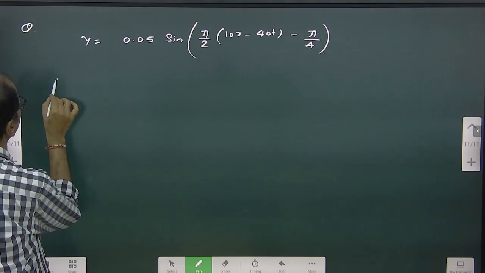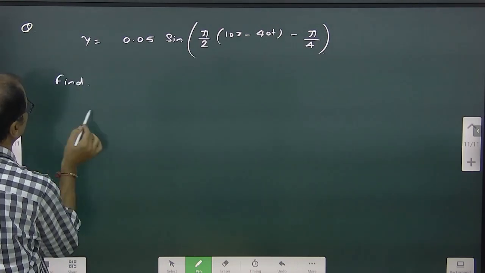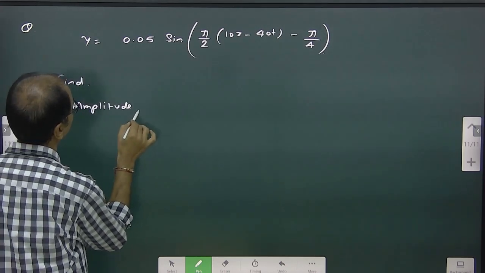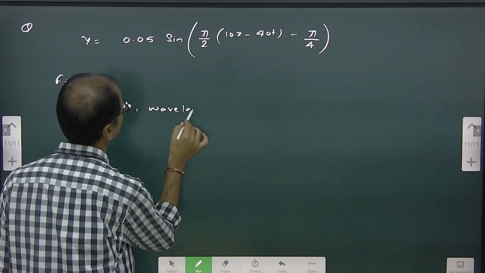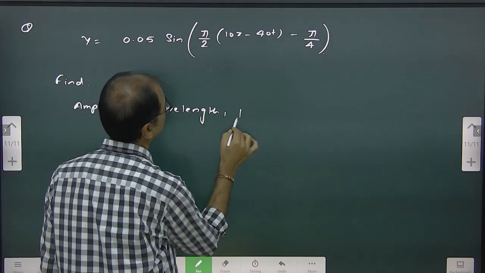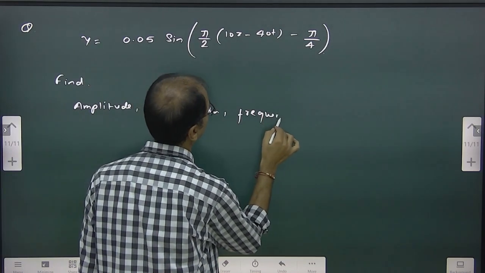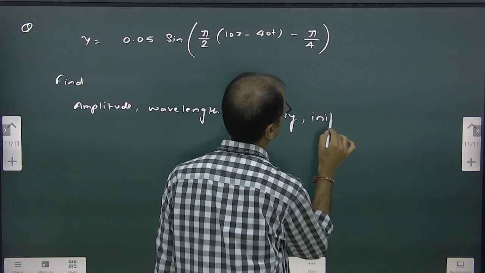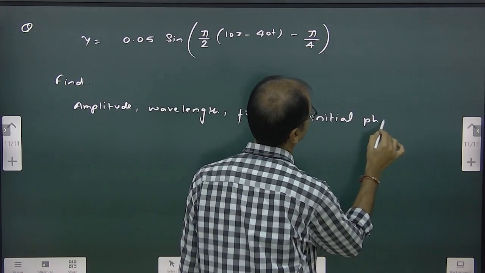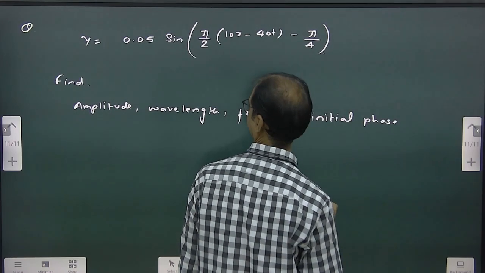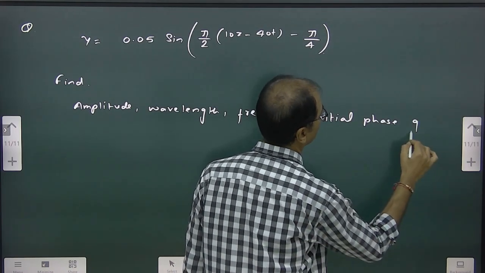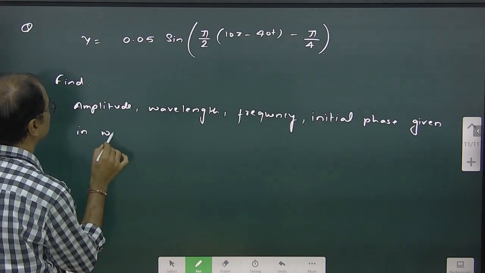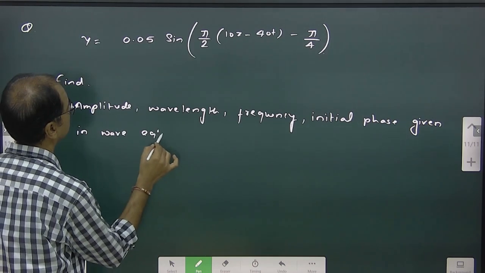Find amplitude, wavelength, frequency, initial phase, given in the wave equation. This is our first question.